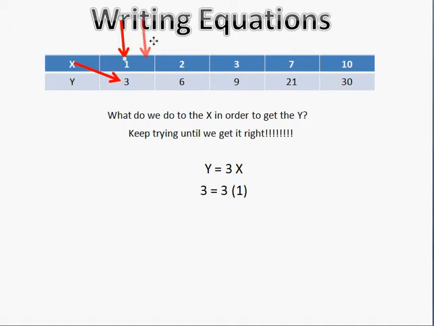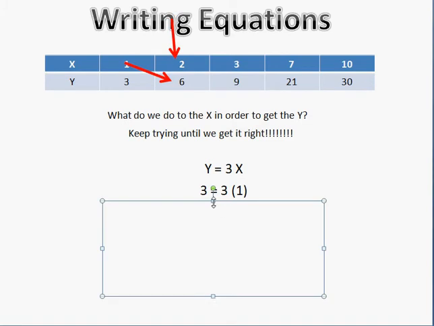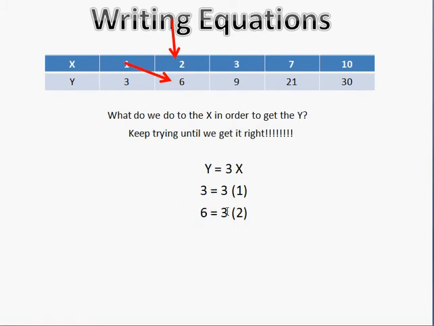So now I'm going to go over to my next ones. I'm going to plug my x value right down into here. 3 times 2 does equal 6. So far, so good.